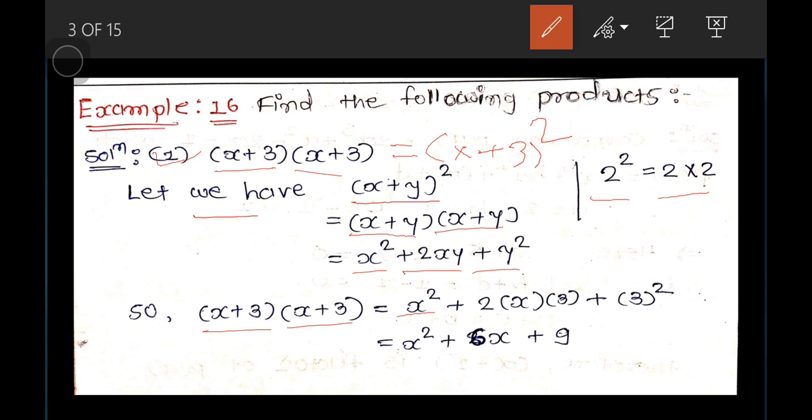Both brackets have a positive sign, so we put plus, and now the formula is 2 into x into b, that is 3, plus b square, that is 3 square. So x square, 2 into x into 3 is equal to 6x, and 3 square is equal to 9. So using identities we can find such types of products as given here.